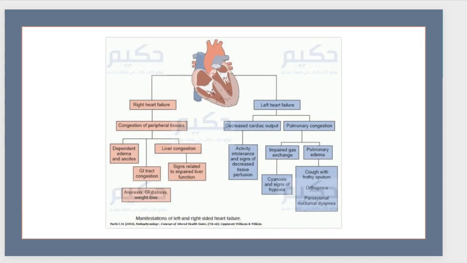Remember, you can have patients that start out with left-sided heart failure, but over time, because of the fluid that has backed up, it's going to start to affect the right side. You'll start to see some right-sided heart failure symptoms.